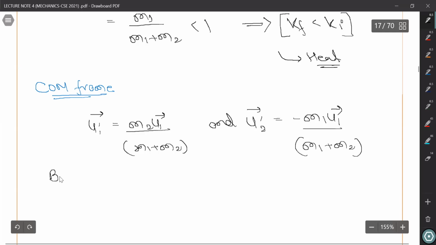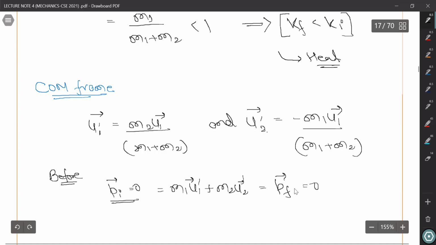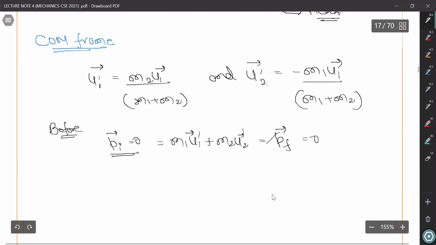So before collision, the initial momentum will be 0. Multiply u1 dash with m1 and u2 dash with m2, that is m1 u1 dash plus m2 u2 dash. So pf will also be equal to 0 after.